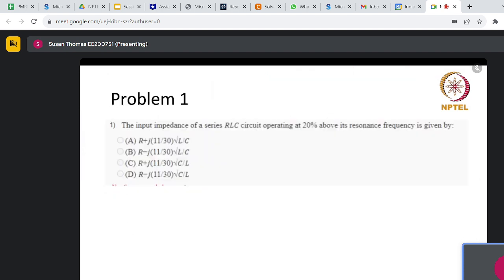So let's move to some of the questions. Coming to question 1: the input impedance of a series RLC circuit operating at 20% above its resonant frequency is given by. So the first understanding is this is a series RLC. So how do we write the expression for Zin? R plus j omega L into 1 minus omega naught by omega the whole square, where omega naught is the resonant frequency and omega is the operating frequency.